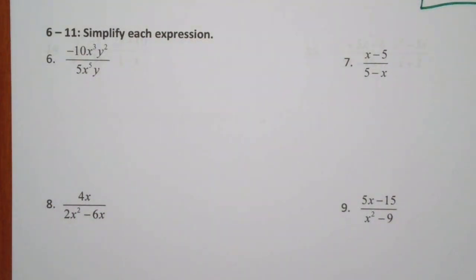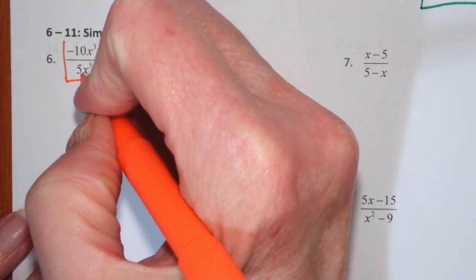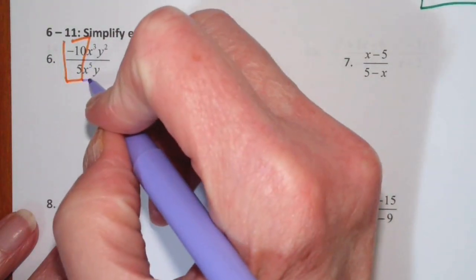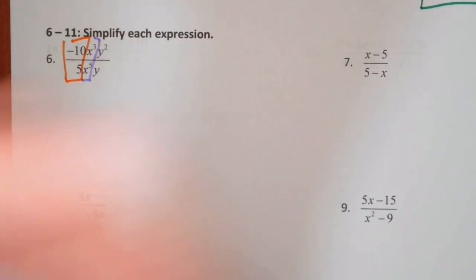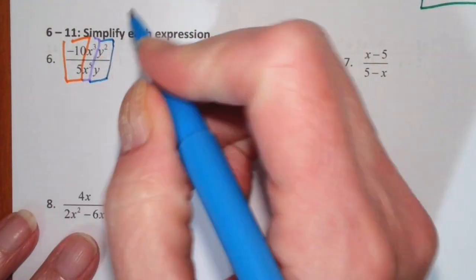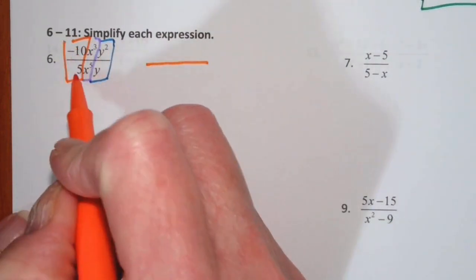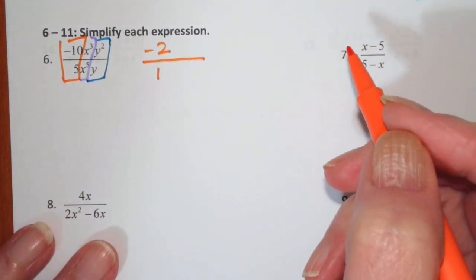So when I'm looking at something like this, what I notice is I've got my coefficients, I have my x's, and I have my y's. Okay. So this simplifies to negative 10 over 5 is negative 2 over 1.